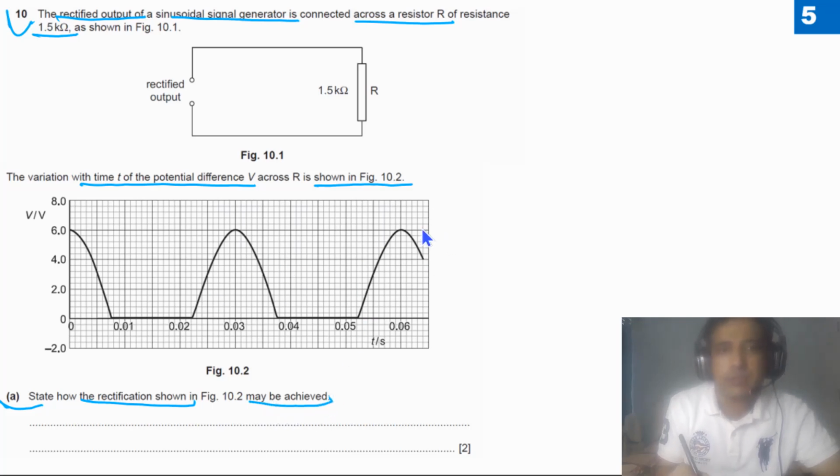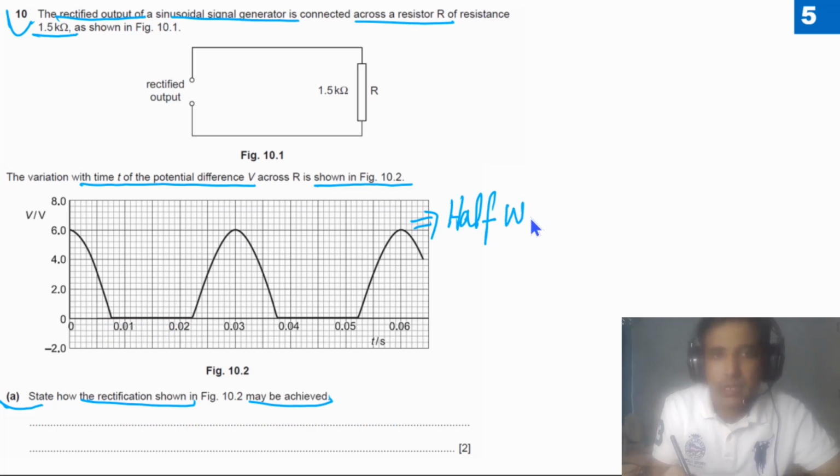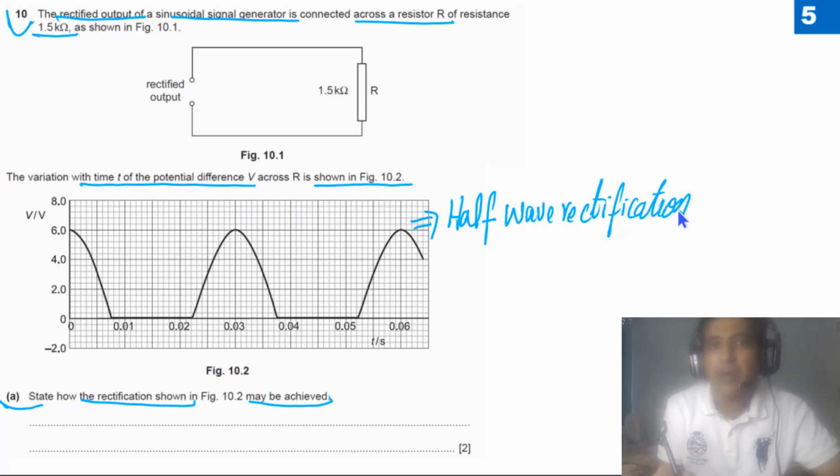So if you look at this rectification, first of all, we need to understand what kind of rectification this is. This is half wave rectification, because for half of the cycle there is no PD across the resistor.